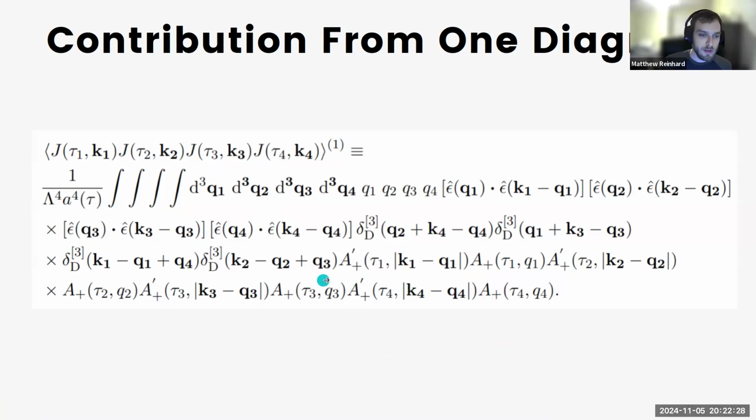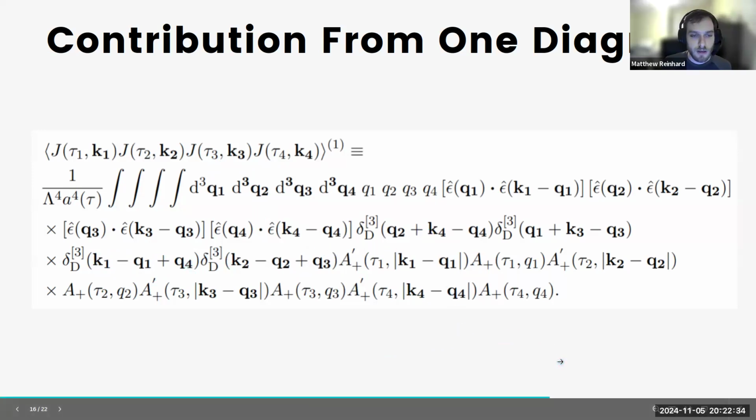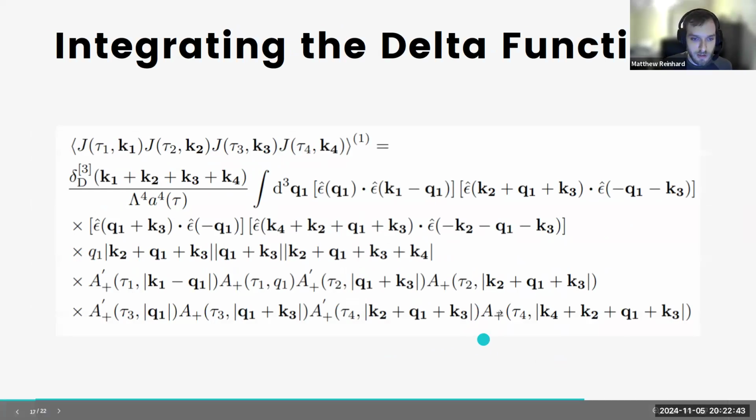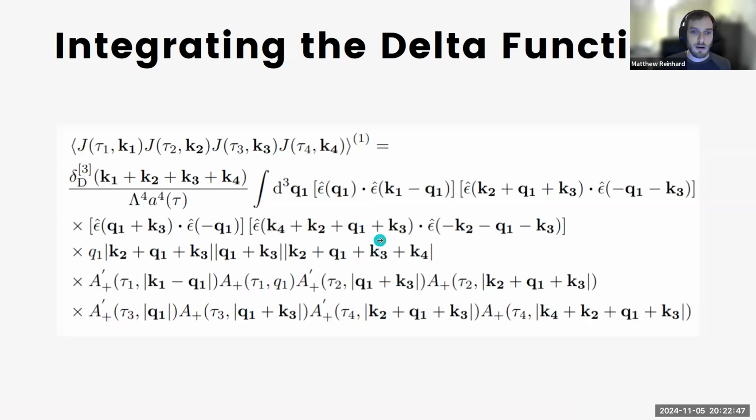And naively, we might think that we could just integrate out these delta functions to simplify our problem. But if we do that, we get this expression where the external momenta and the loop momenta, k and q, are mixed up in the arguments of all these mode functions. So this is really not feasible to do analytically.